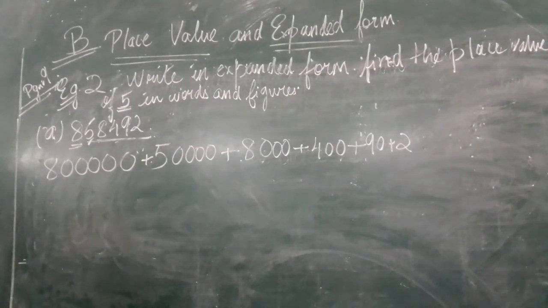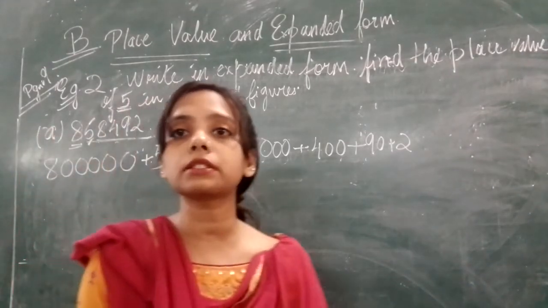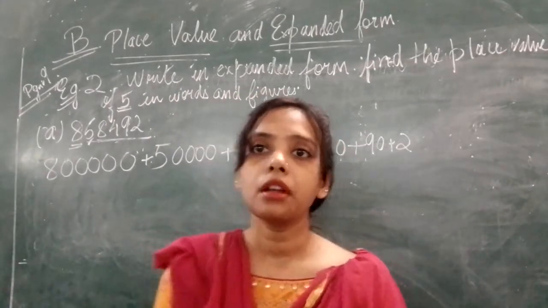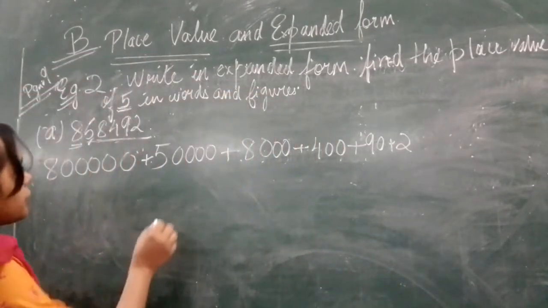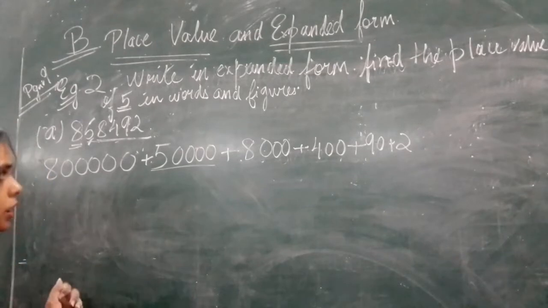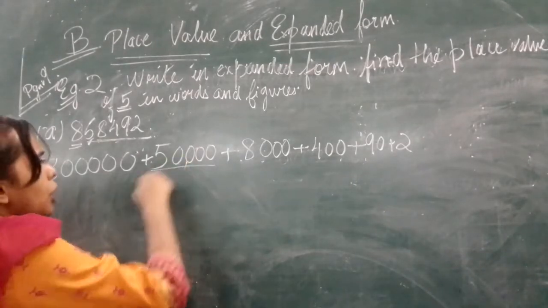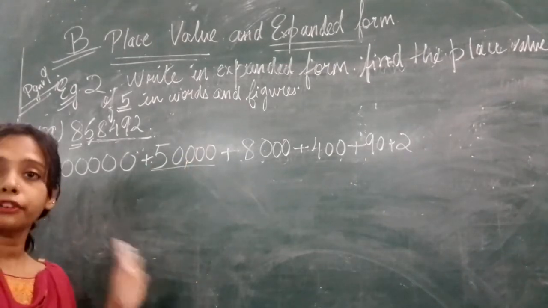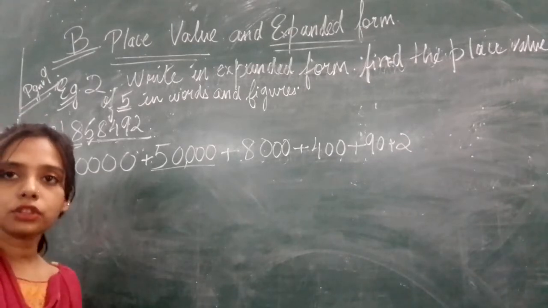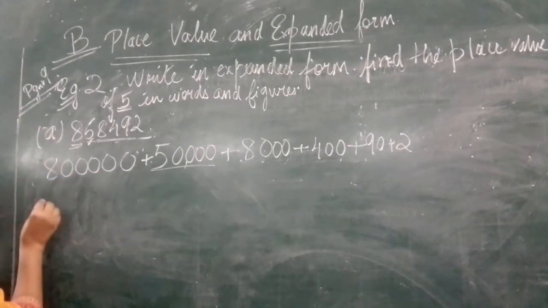Now the next is, you have to find the place value of 5 in this number. Now look here, where do you find 5 here? You clearly know when you put the comma, it is 50,000. Yes or no? So what will you write?